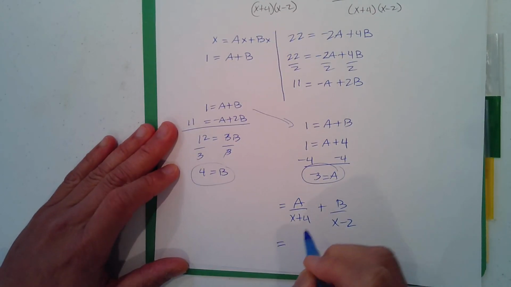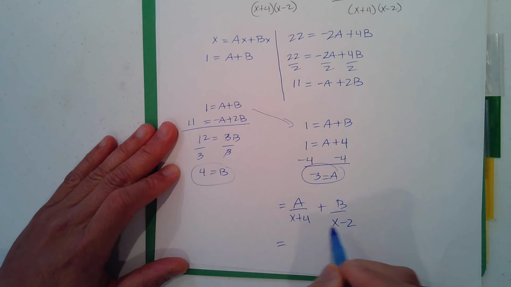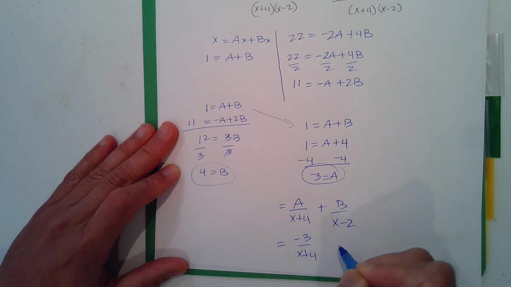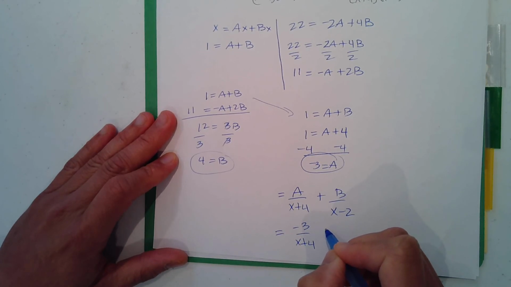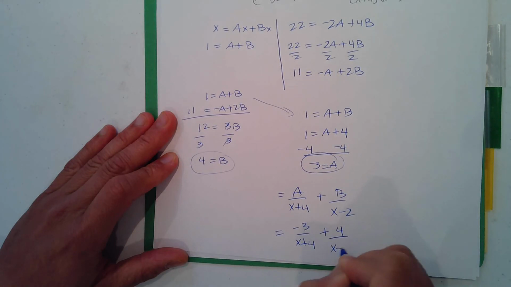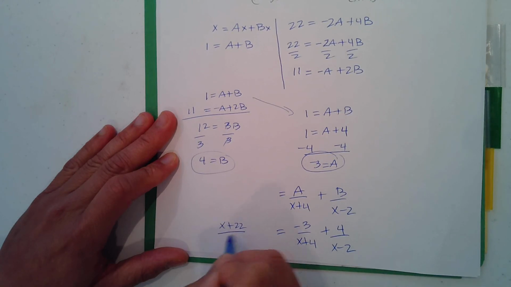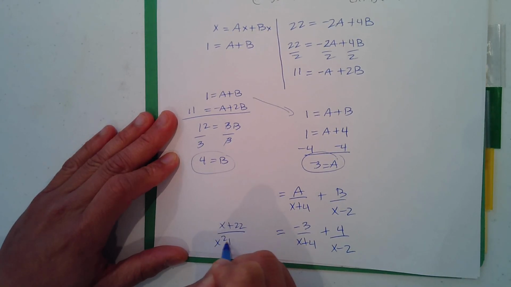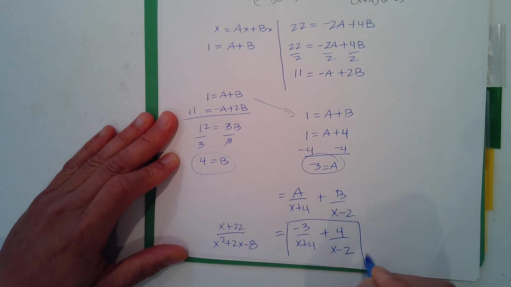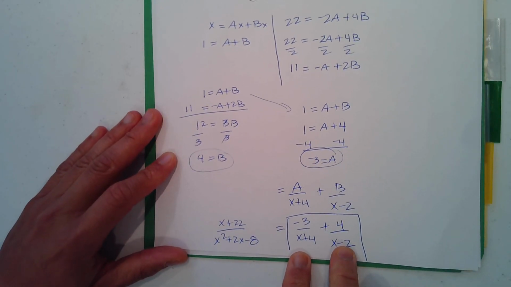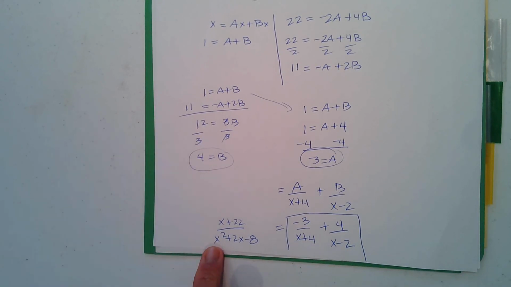Our partial fraction decomposition will be negative 3 over x plus 4 plus 4 over x minus 2. This will equal x plus 22 over x squared plus 2x minus 8. These are the partial fractions that will be equivalent to our original fraction.